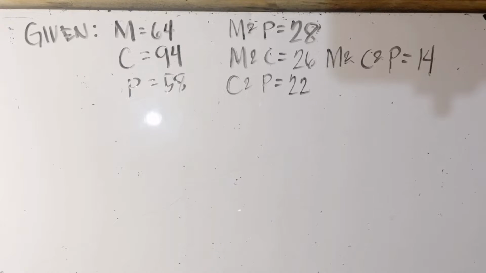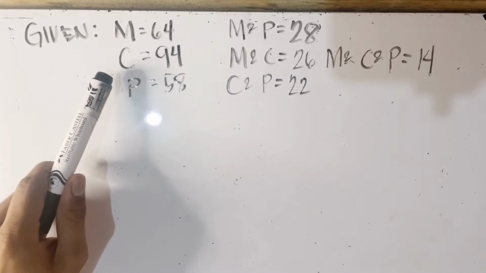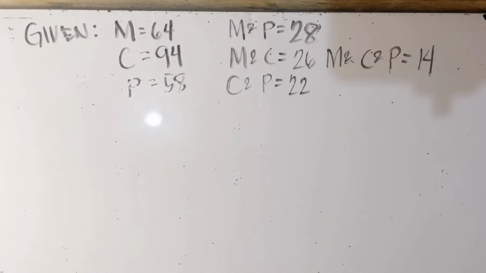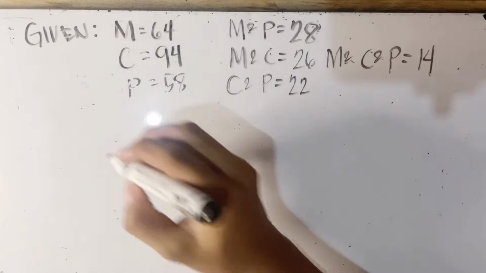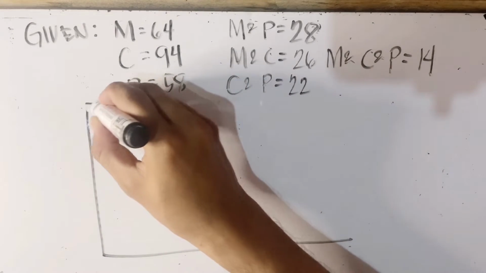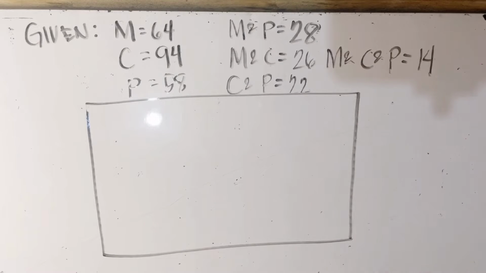The question is, how many students had taken one course only? So, mathematics alone, chemistry alone, and physics alone. First, let's draw the rectangle, which serves as our universal set. Next, let's draw 3 circles.